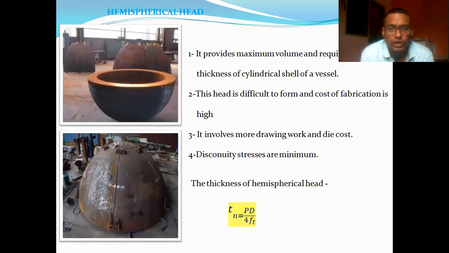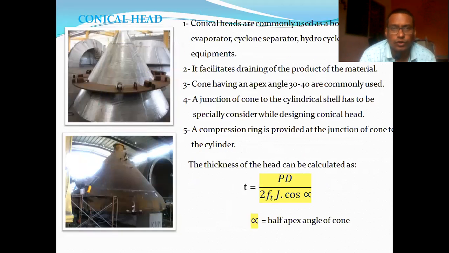The thickness calculated is the same as that of spherical vessels. Thickness is equal to PD upon 4Fj. That is how the thickness is calculated.